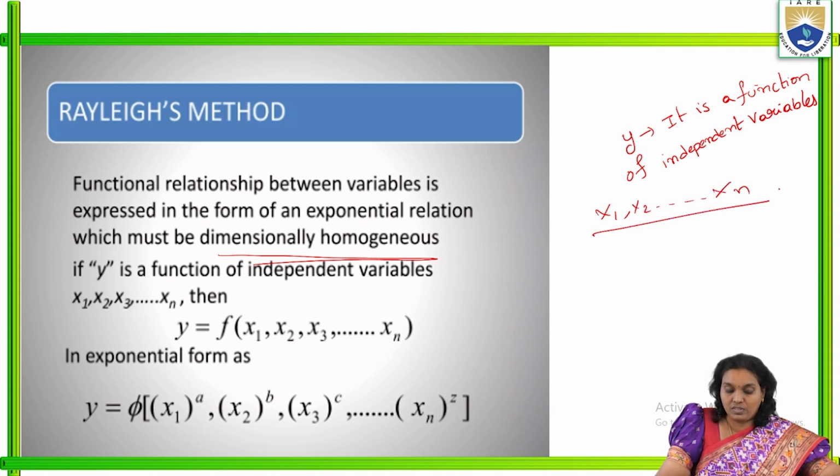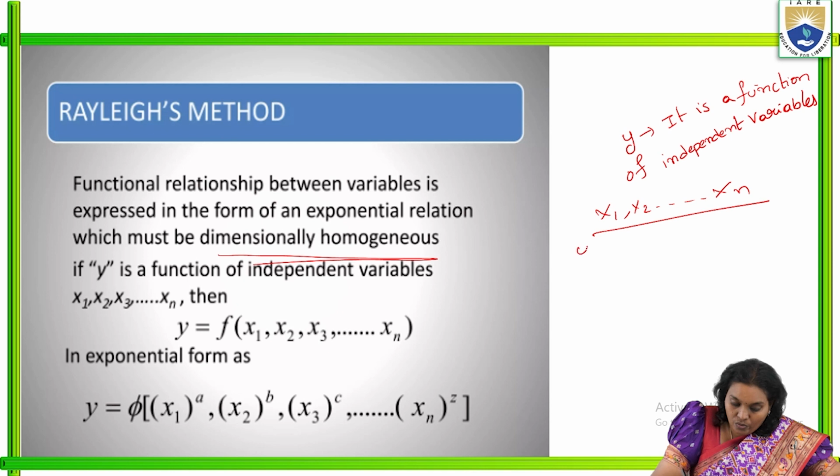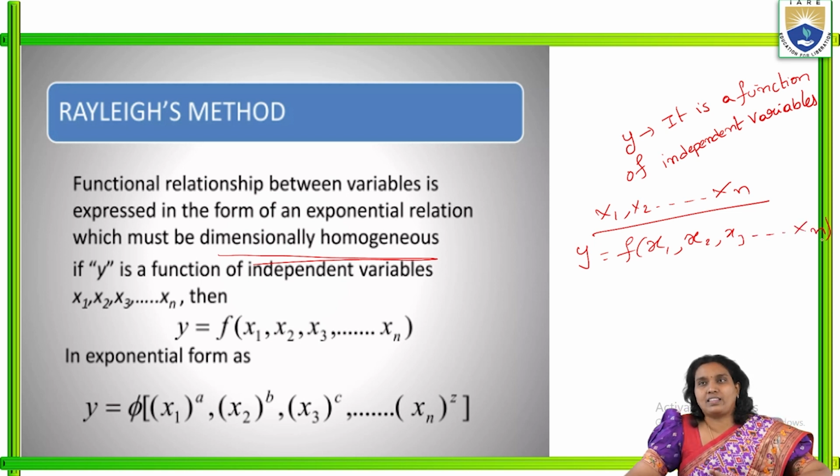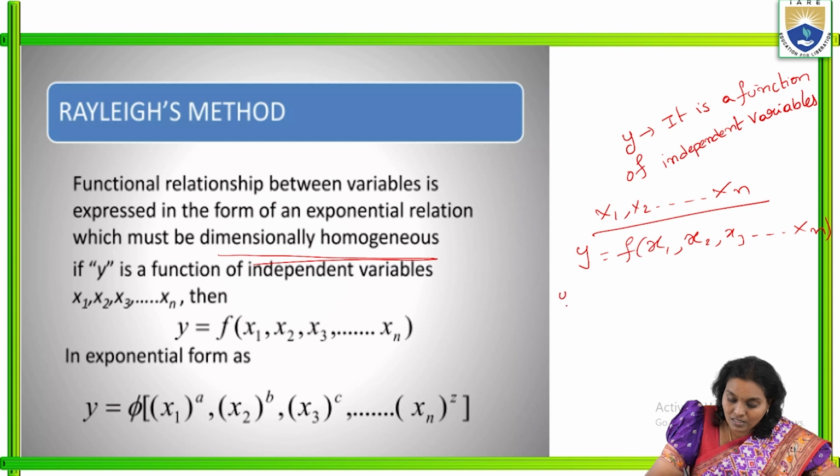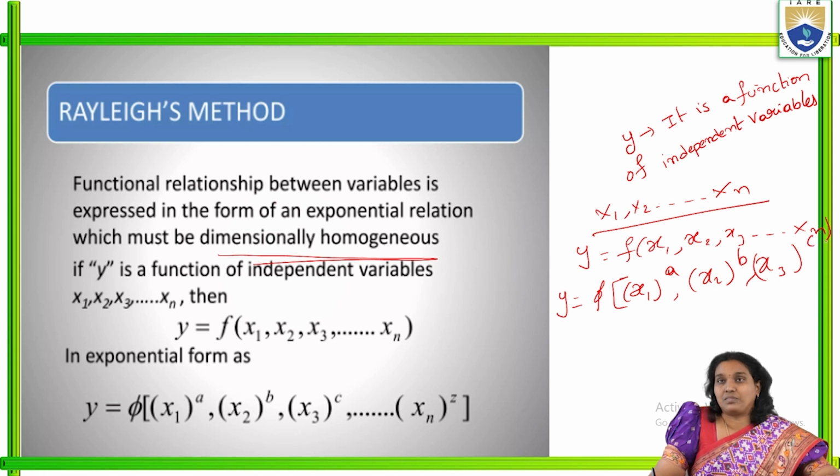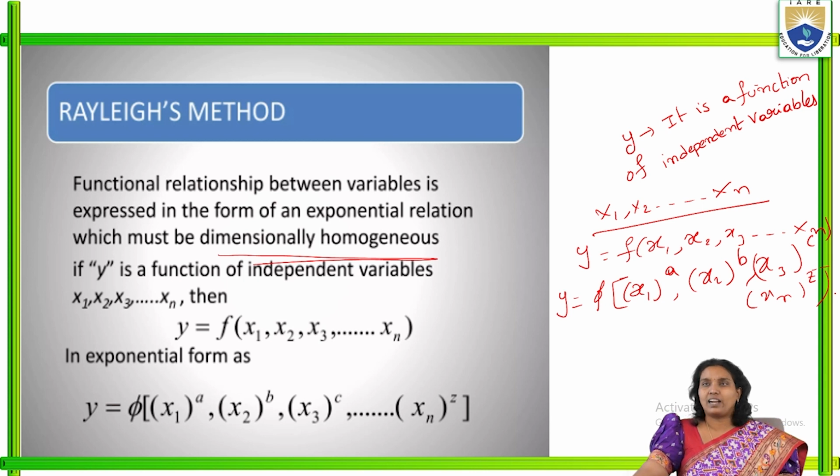So we write y is equal to f of x1, x2, x3 and so on, xn. Its exponential form is y is equal to pi x1 to the power of a, x2 to the power of b, x3 to the power of c, and so on, xn to the power of n into z.